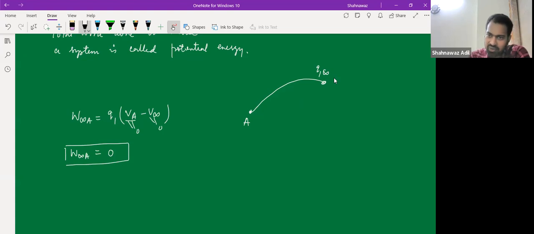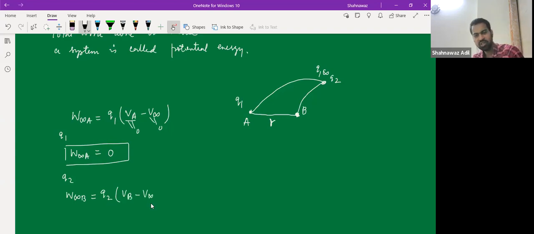Okay, so now I have this other charge and I am taking it to this point B, and the separation is R. This charge is Q1, so I have some Q1 charge here, and it will create some potential at B. Now let's bring Q2 from infinity to B. So this would be Q2 times VB minus V infinity.